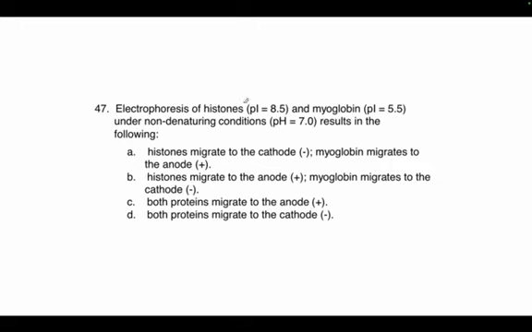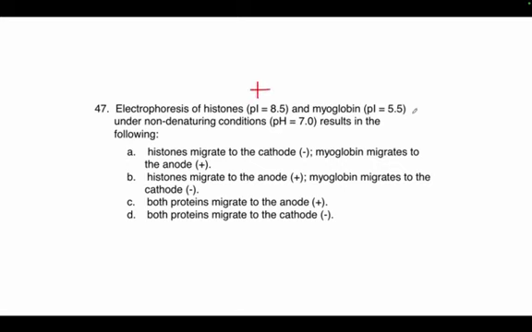Electrophoresis of histones, okay, isoelectric point of histone is 8.5, and myoglobin, isoelectric point is 5.5. Under non-denaturing conditions, what will be the result? So first we need to think about what will be the charge on these two proteins. Here, histone pI is 8.5, pH is 7, so pH is under the pI, right? So histone will probably be positively charged.